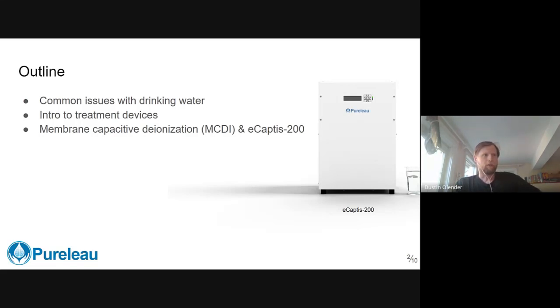The main focus here is residential or light commercial treatment devices, nothing at a huge scale. And that's really all to help us frame a discussion on a newer type of technology called membrane capacitive deionization, or MCDI. And then we'll get into a new product that Pureleau is launching called the eCaptis.